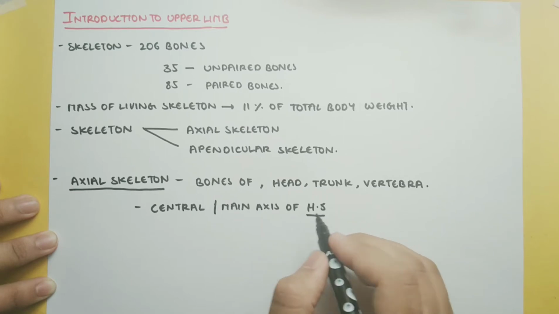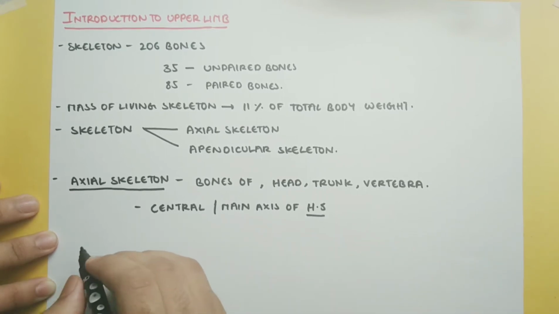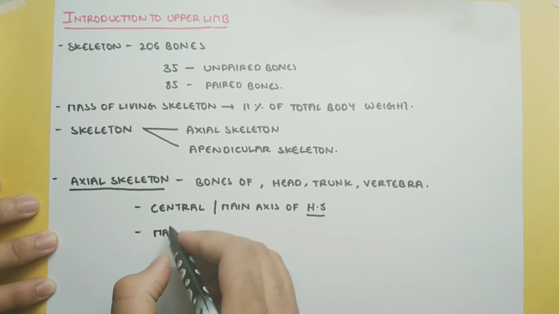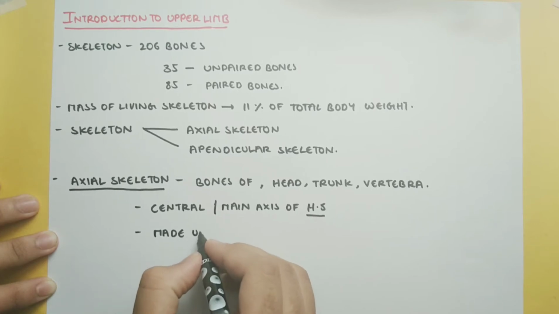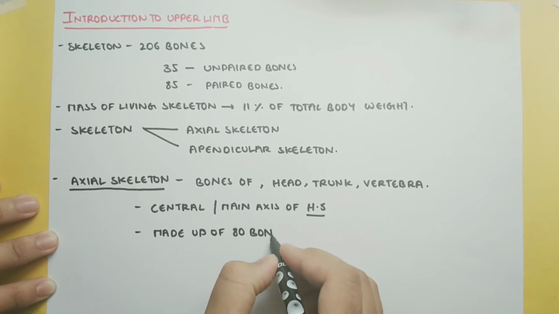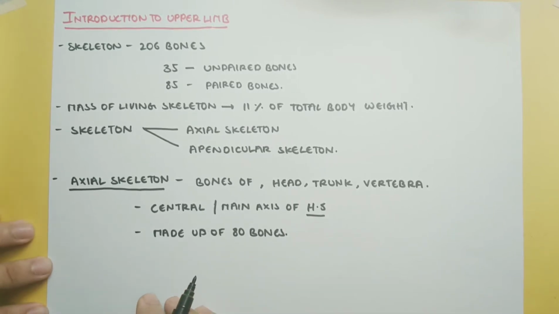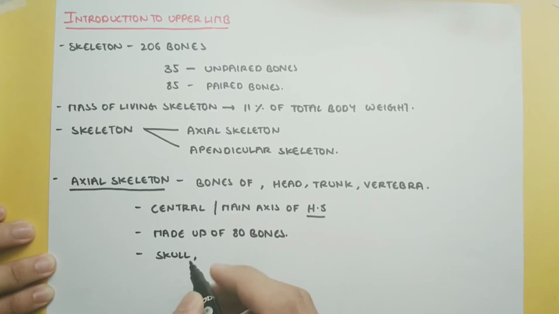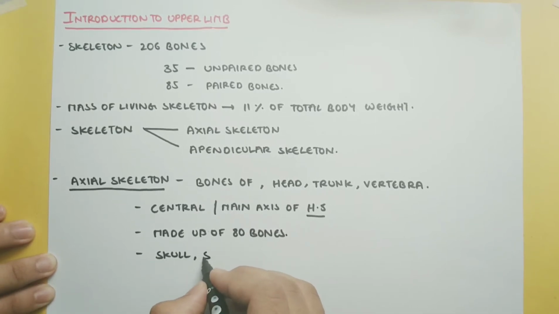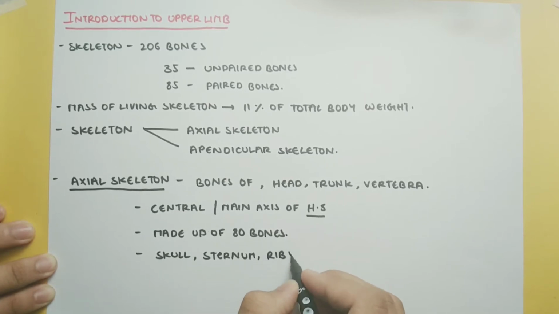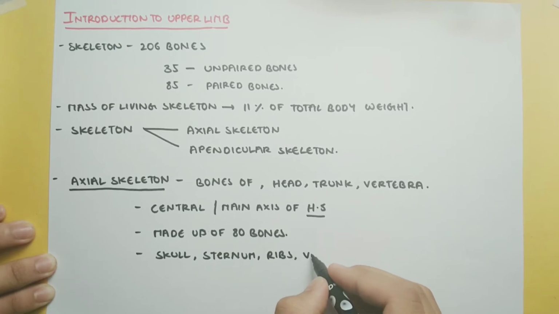Don't worry about what HS is, it is human skeleton. The axial skeleton itself is made up of 80 bones. Once again, it consists of skull, sternum, ribs and vertebral column.